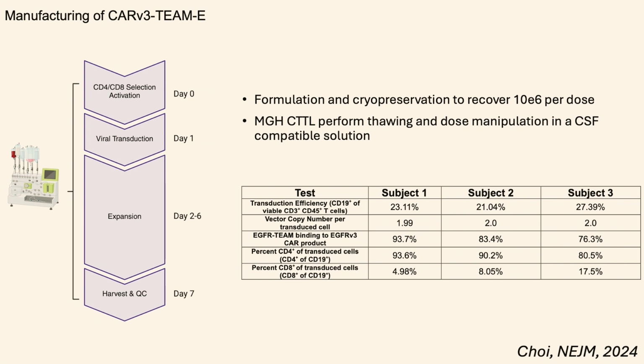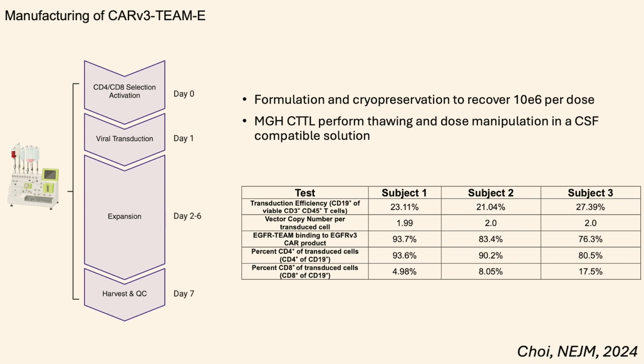And we can see that almost all the T cells are coated with the TEAM at the end of production. This then gets formulated and cryopreserved and then gets shipped to us at the CTTL. We then thaw the product, reformulate in a CGMP compliant media, and then infuse the patients.